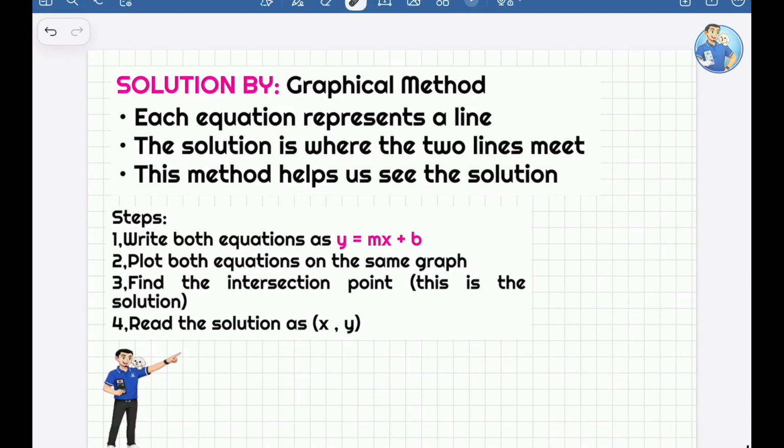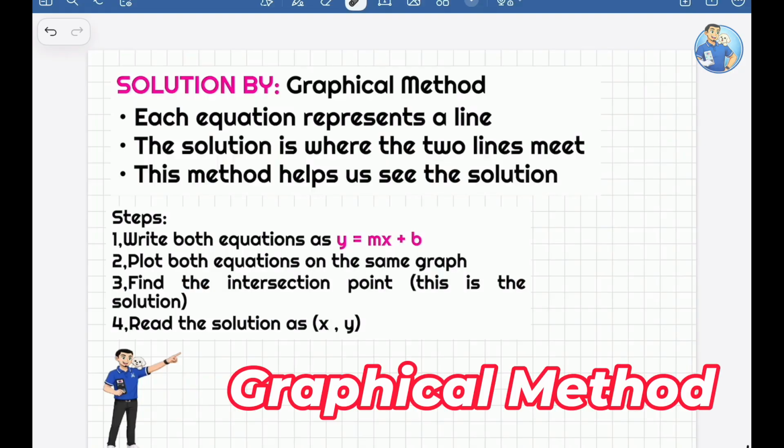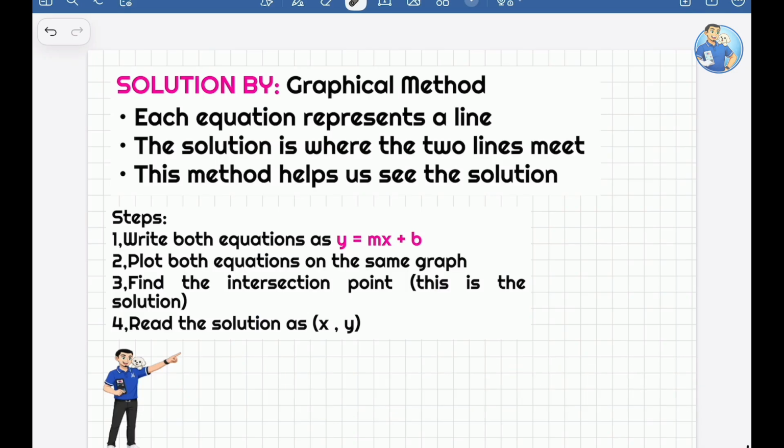Okay, guys, the last method that we have is the graphical method. In this case, in order to find the solutions, remember, we are talking about 2 lines, and we need to find x and y. So we need to plot and graph every single equation.